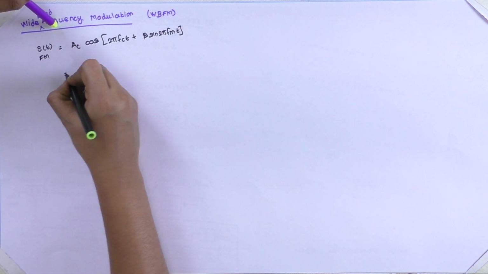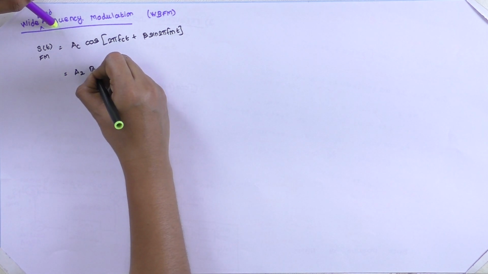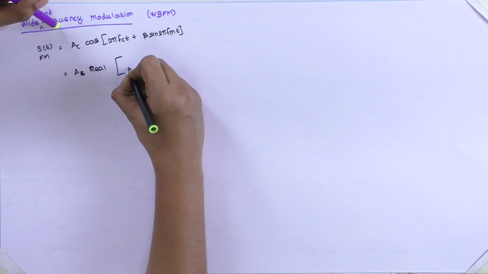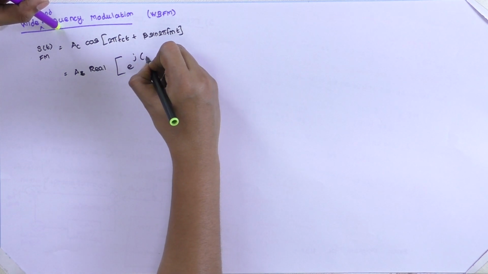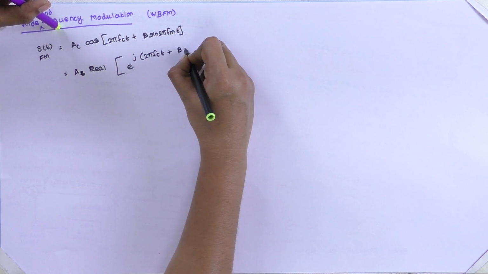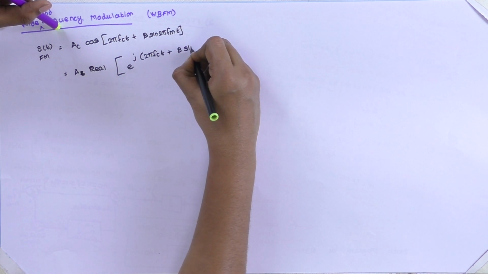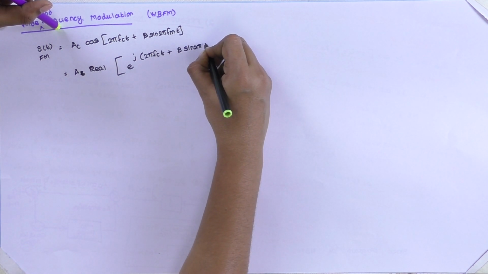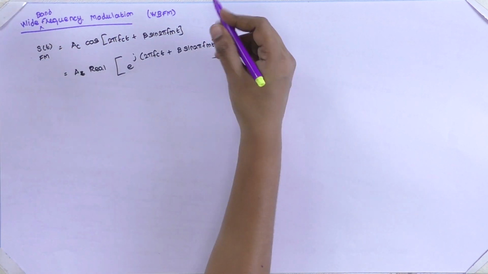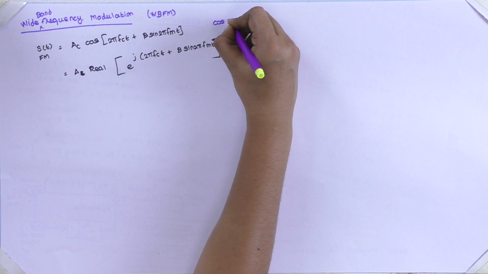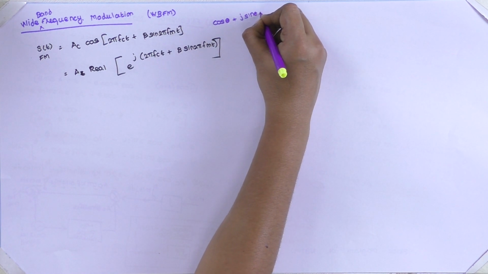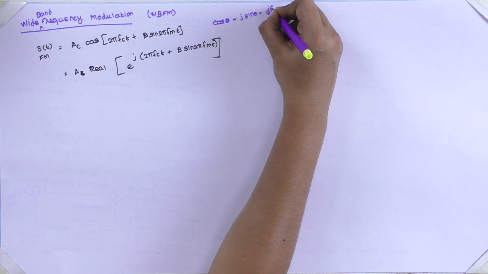Therefore, it can be rewritten as Ac times the real part of e power j(2 pi fct plus beta sin 2 pi fmt), since e power j theta is equal to cos theta plus j sin theta.